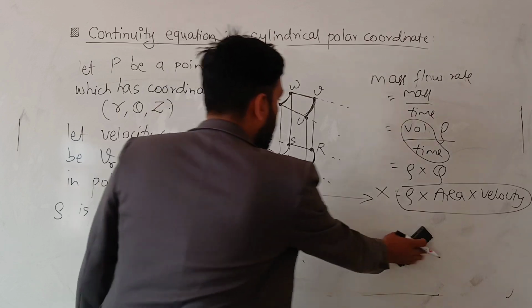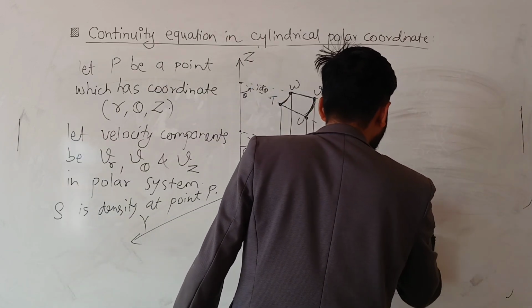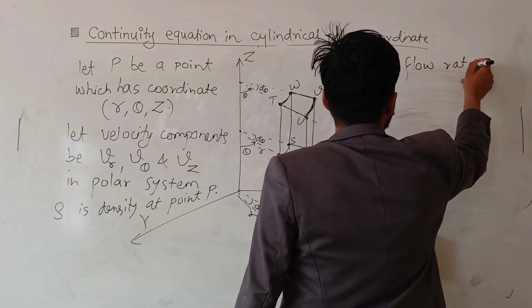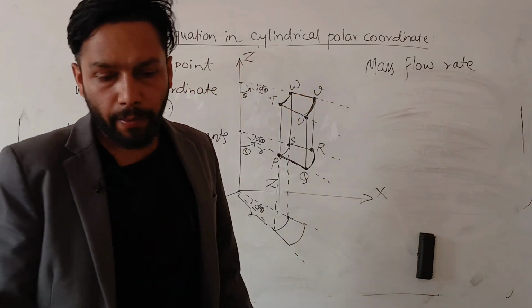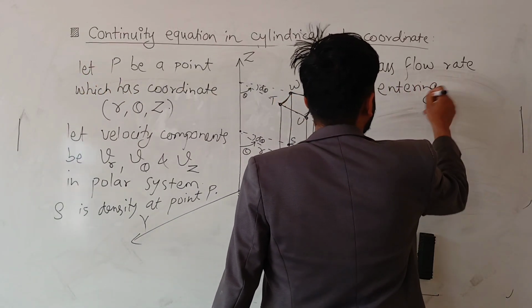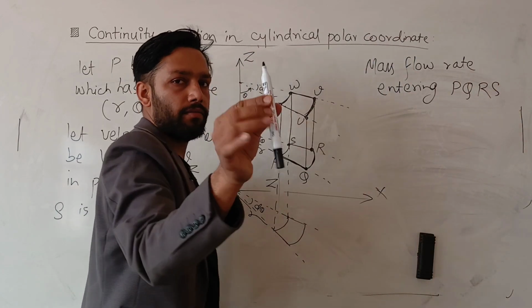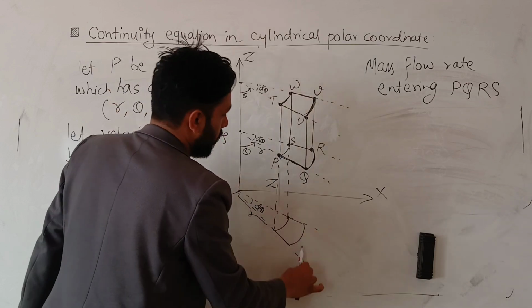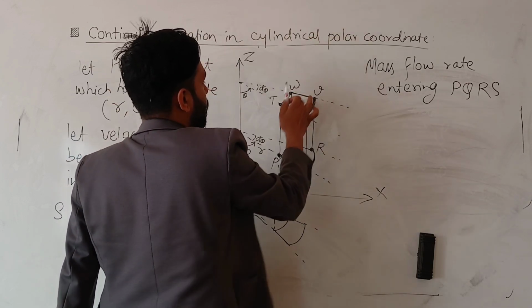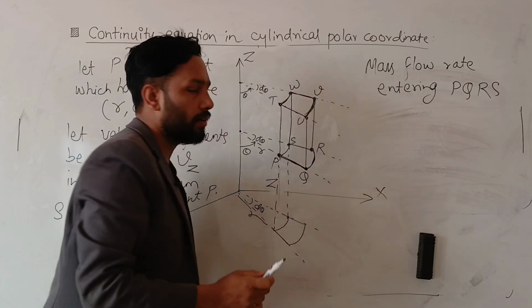I'm going to find the mass flow rate entering the face PQRS. From this point, let's look at the tip of my marker. The mass enters from this face PQRS and leaves from the face TUVW.